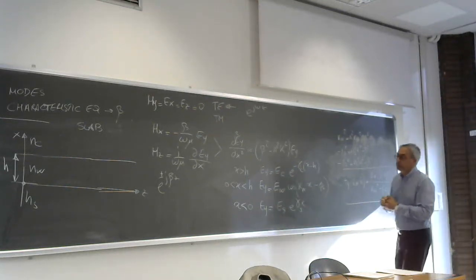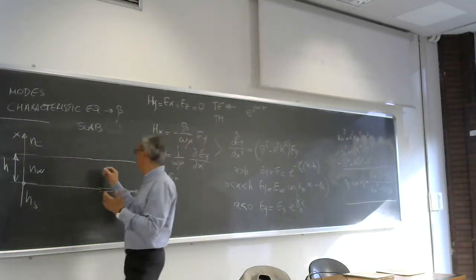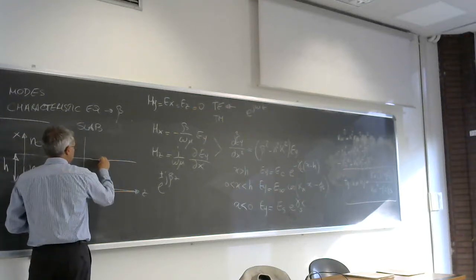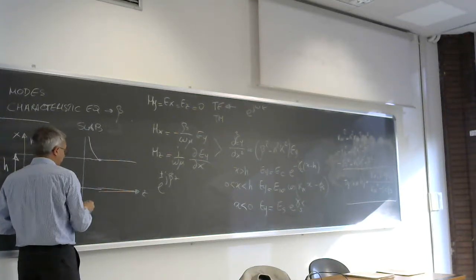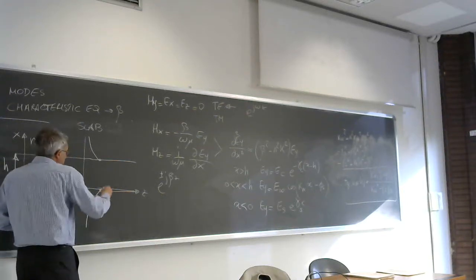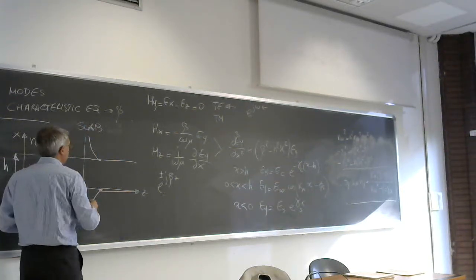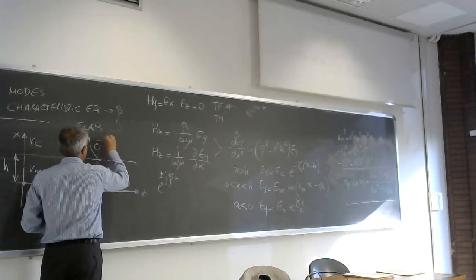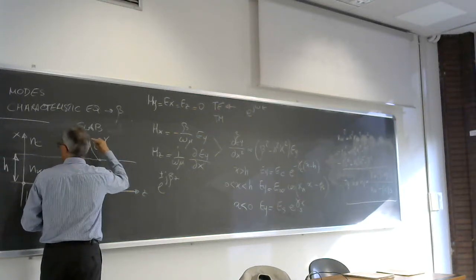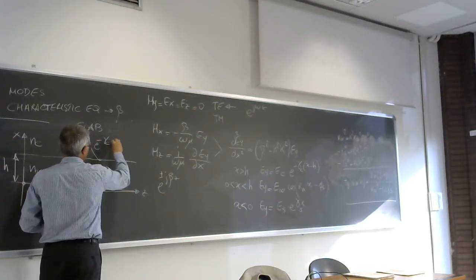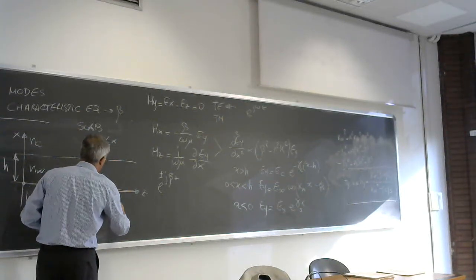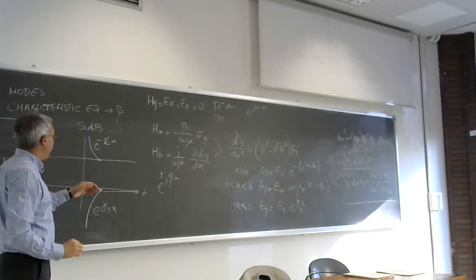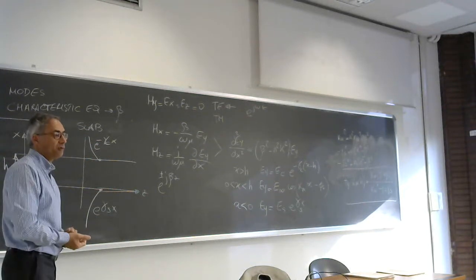Whatever the value at the interface, the field decreases as e to the minus gamma cover x, or e to the gamma substrate x, apart from some coefficient and shift.